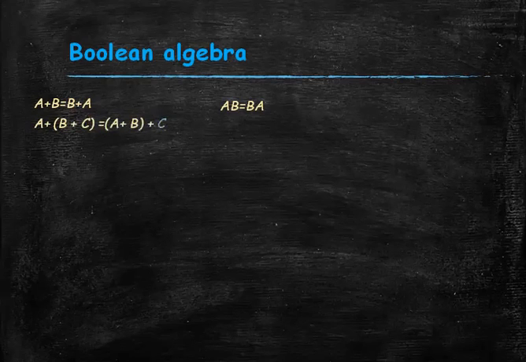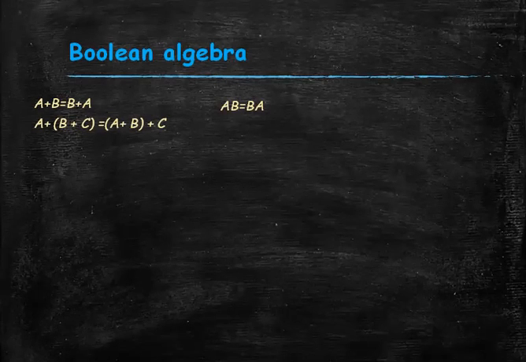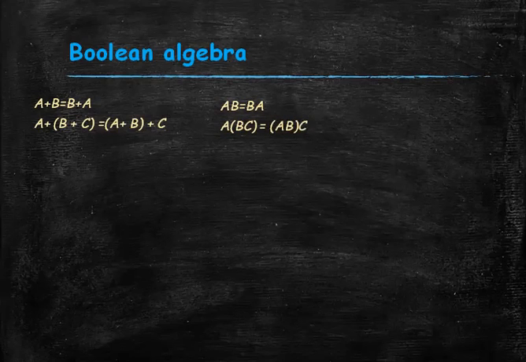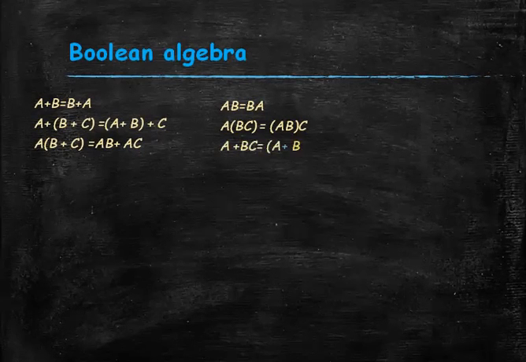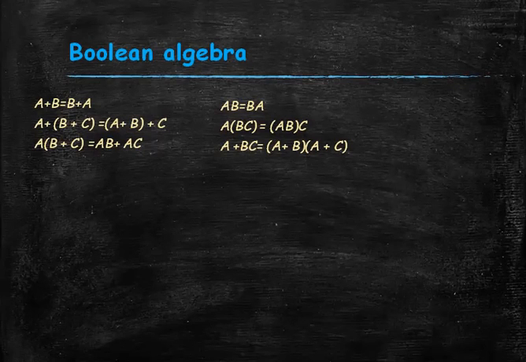Next, A or B or C equal to A or B or C. Its dual form A and BC equal to AB and C. Next, A and B or C equal to AB or AC. Its dual form is A or BC equal to A or B and A or C.